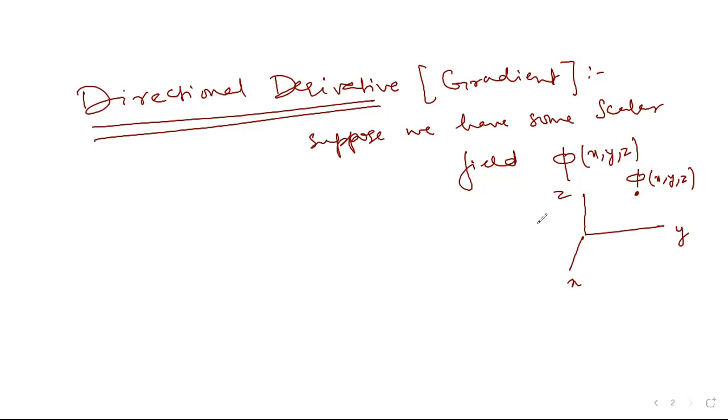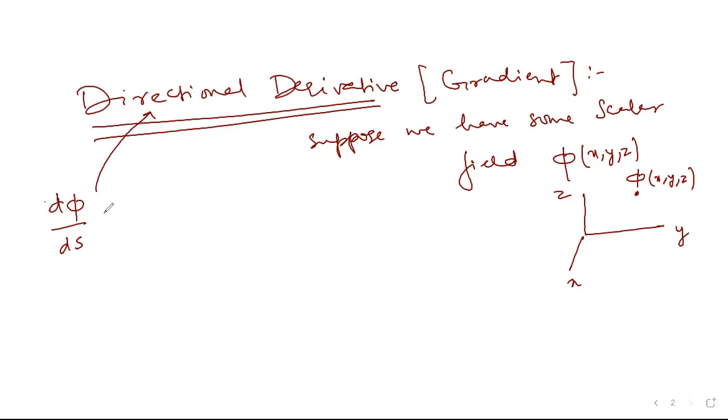Now, what is a directional derivative? We want to find d phi by ds. D phi by ds is the directional derivative of this scalar field phi.